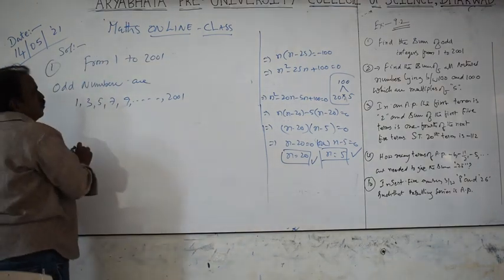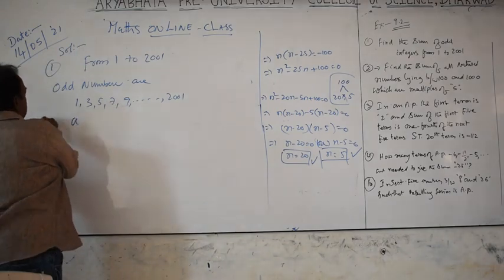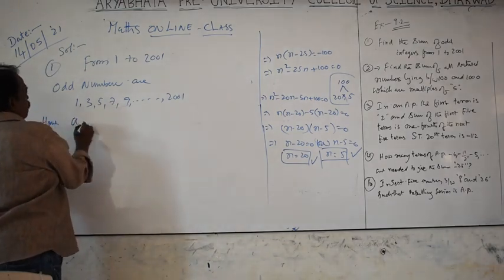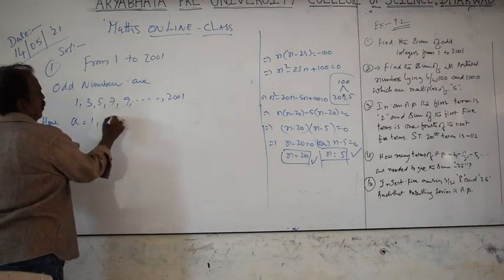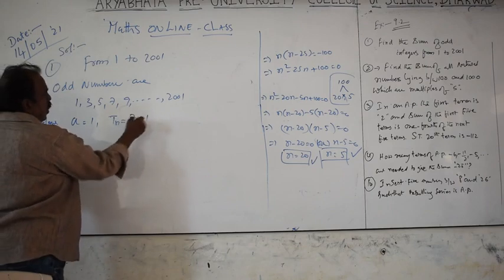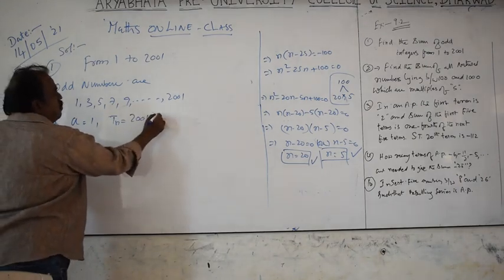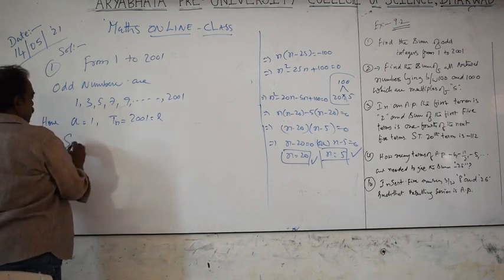Okay? You see here, a is equal to the first term, 1, and Tn is equal to 2001. It may be l also, last term. What is the sum?